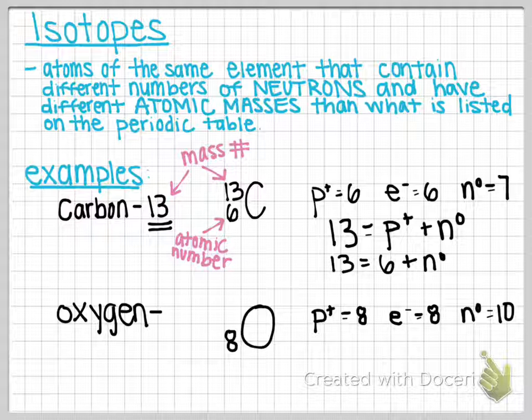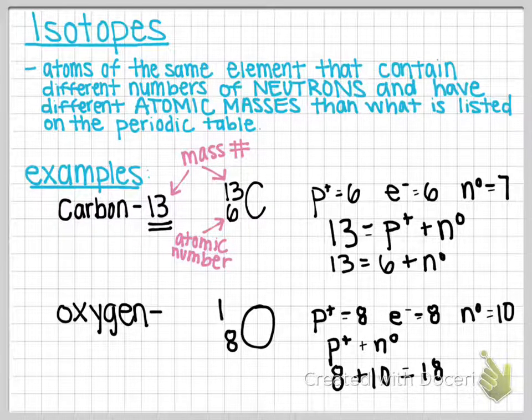Again, the mass is protons plus neutrons. So 8 plus 10 equals 18, and that is my mass number, which is going to go on top here, and it's also going to go in front of that oxygen dash. So this is an isotope of oxygen-18.